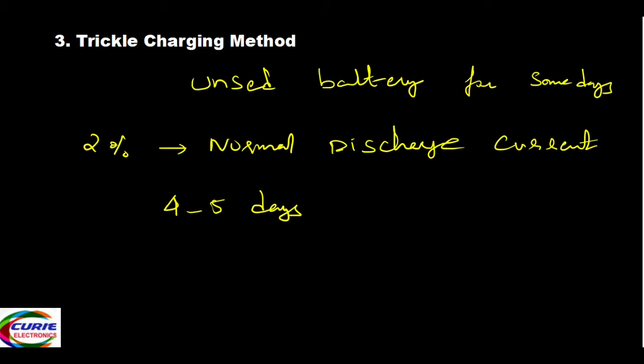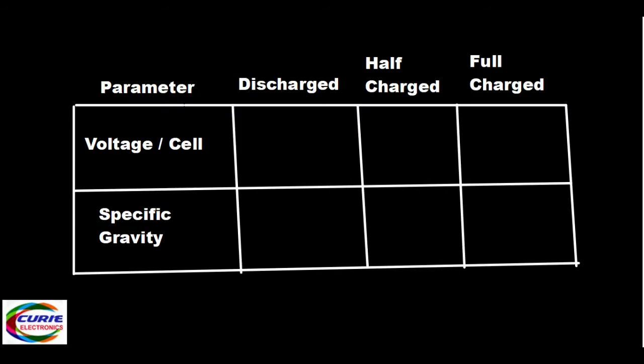And what else is there? Now one more thing we have to know. How do we know whether this battery is getting charged or not? By measuring the specific gravity or the voltage per cell, or the voltage of the battery, we can identify whether it is charged or not.